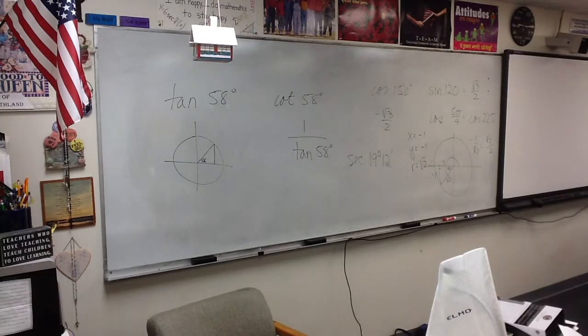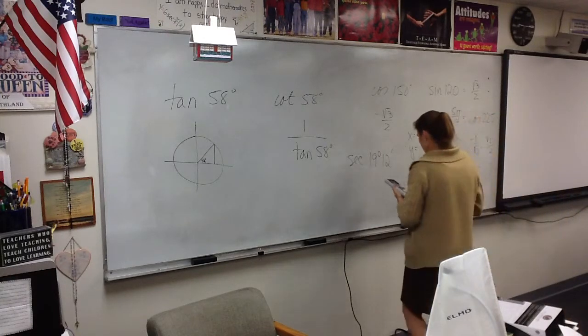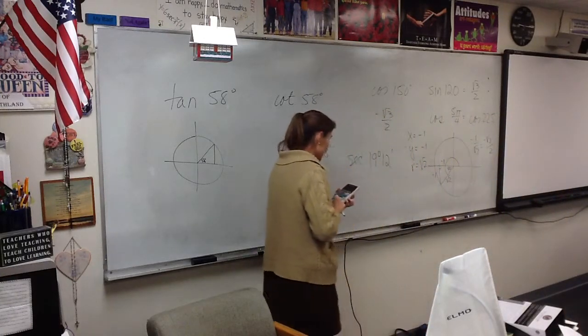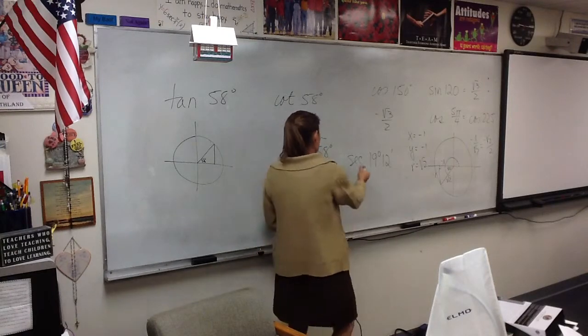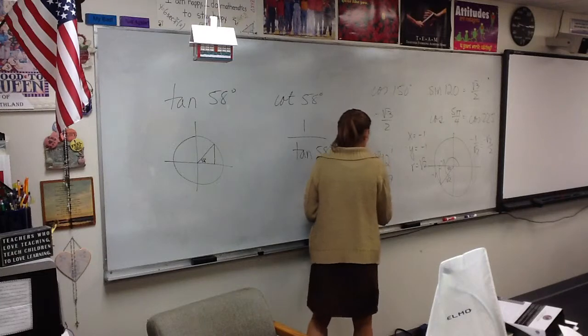I have to use the buttons on my calculator. So I'm doing 1 divided by cosine. Now do you remember how to put in 19 degrees 12 minutes? 19, go in the angle menu, get your degree mark. 12, go in the angle menu, get your minute mark. And the answer to this question is 1.0589, if I round it off.